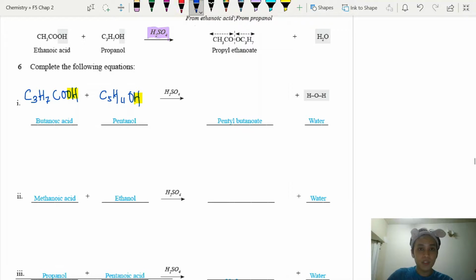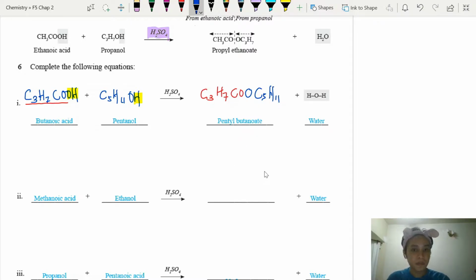So this one is the acid, C3H7CO, and then the alcohol part, O, and then this part, C5H11. That is how you write the molecular formula.